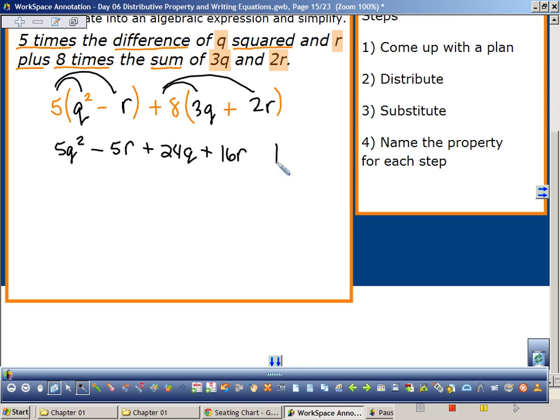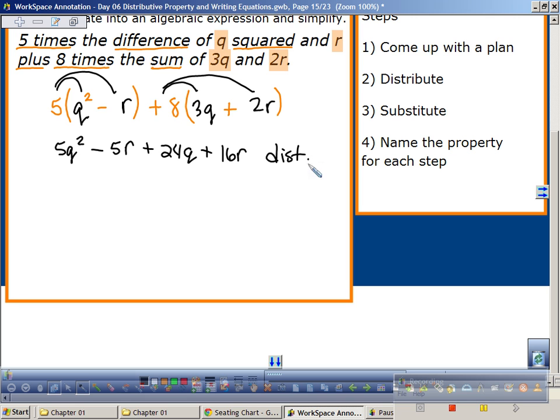What's my next step? So I just distributed. What's my next step? What am I going to do? Combine like terms. Okay, but before we combine, got to move things around, right? So I've got 5q squared. I've got another q over here, so we took care of him. Let's take care of this one. Plus 24q. Then I've got negative 5r and positive 16r.